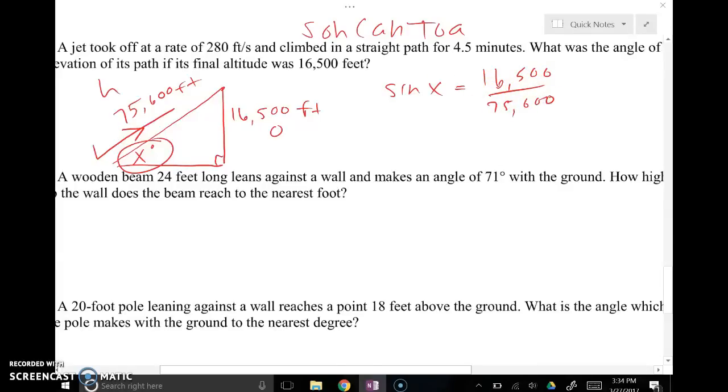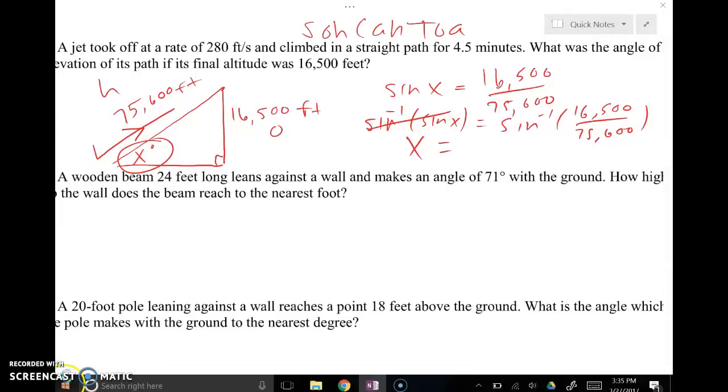So now I'm going to have to do inverse in order to find what x is. I take the inverse sine of both sides, and that's going to help me figure out the angle measure I'm looking for. So these cancel, I've got x by itself, and now I go to my calculator for the result.